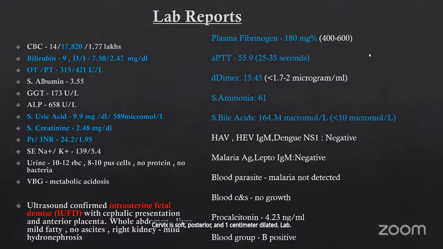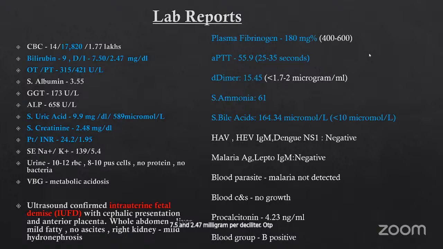All the following lab reports were sent, and CBC revealed hemoglobin of 14, total counts of 17,820, and platelets were 1.77 lakhs. Bilirubin was 9 milligram per deciliter. Direct and indirect bilirubin 7.5 and 2.47 milligram per deciliter.